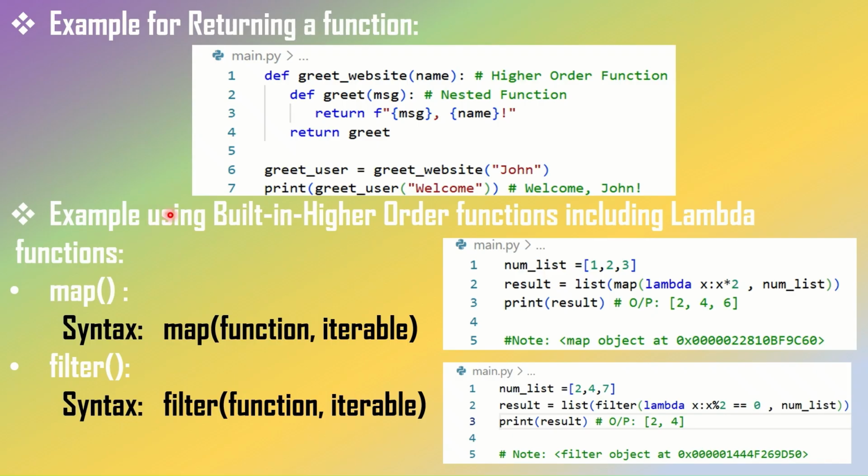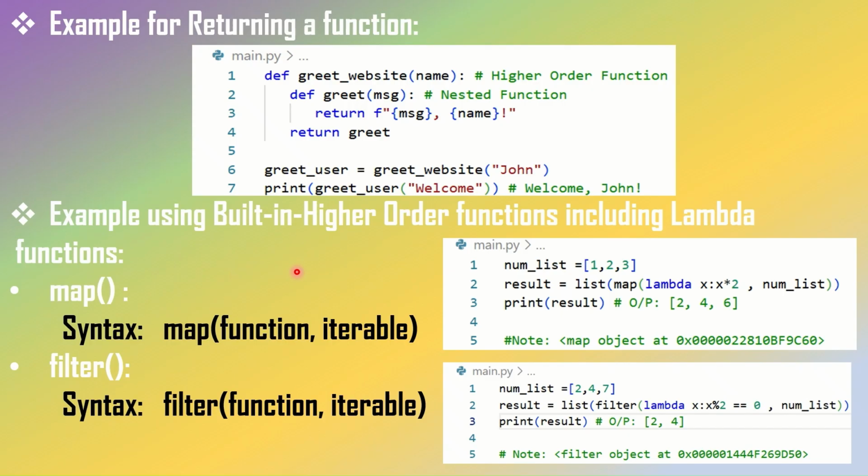Now we have seen how a function can be passed as a parameter to another function, and how a higher order function can return a function as its result. Now let's see how we can make use of higher order functions using built-in higher order functions, including lambda functions.